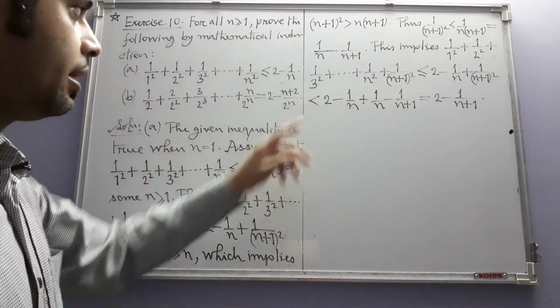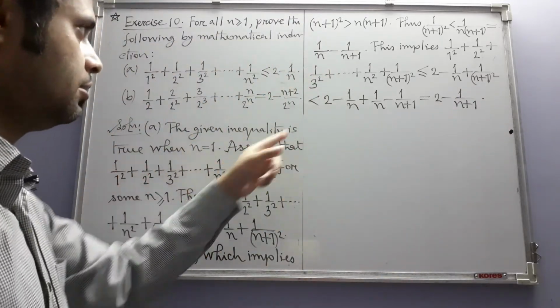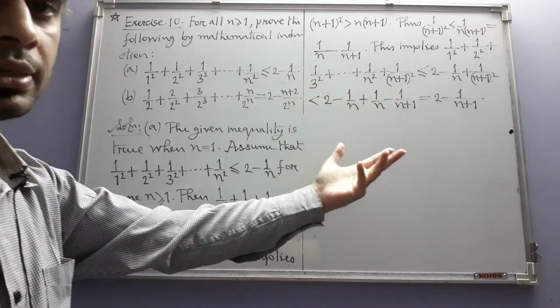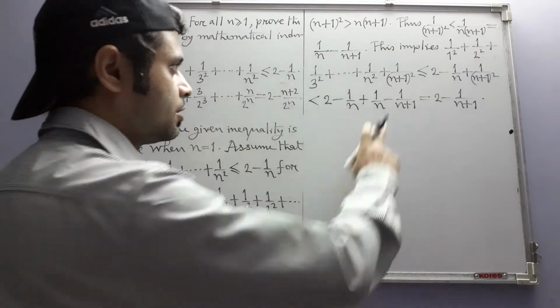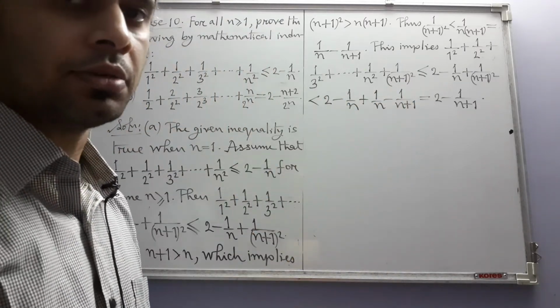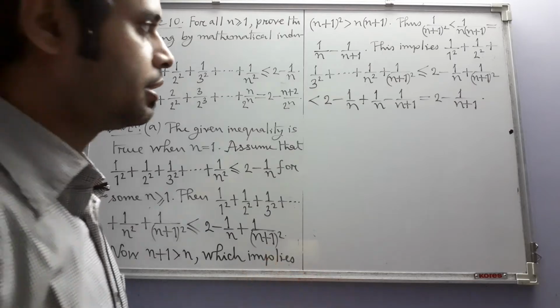So you can see that this inequality, when in place of n we have n plus 1, that is we have one extra term in this sum, is less than or equal to 2 minus 1 over n plus 1. So that just completes the induction.